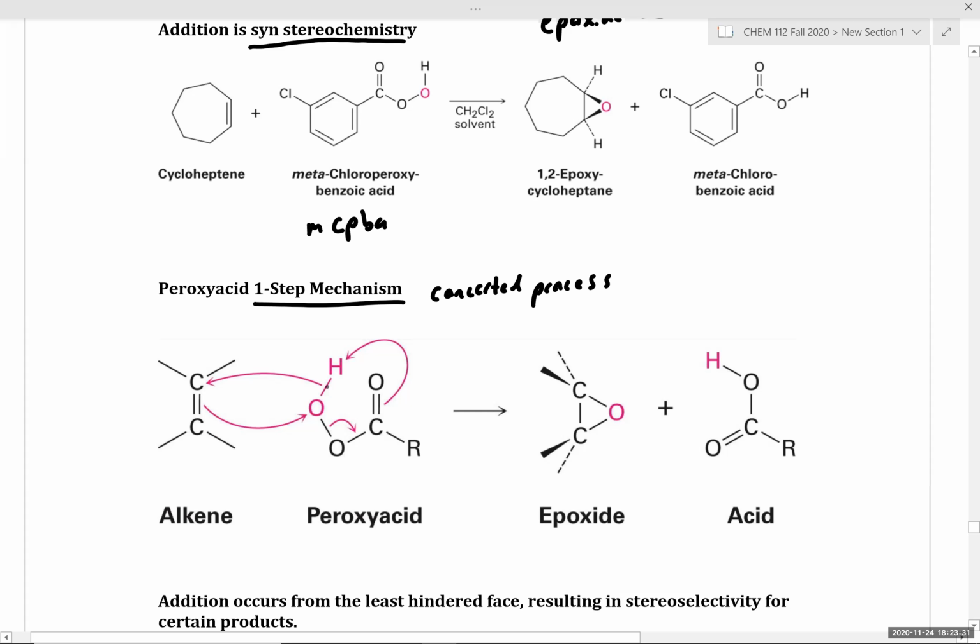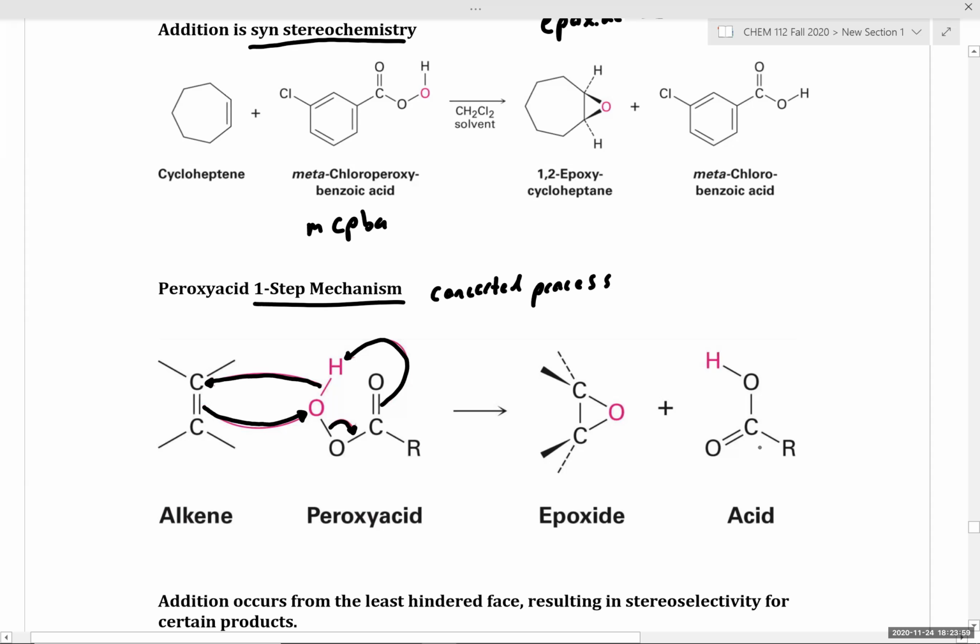In this case, first, we have the attack of our alkene on the electron deficient oxygen. We break the oxygen-oxygen bond. We have the attack back onto our alkene. And we have abstraction of a proton in order to regenerate our carboxylic acid.